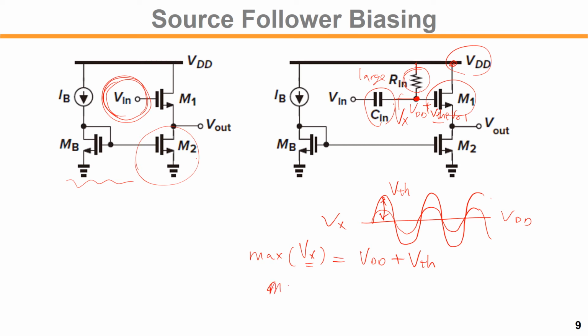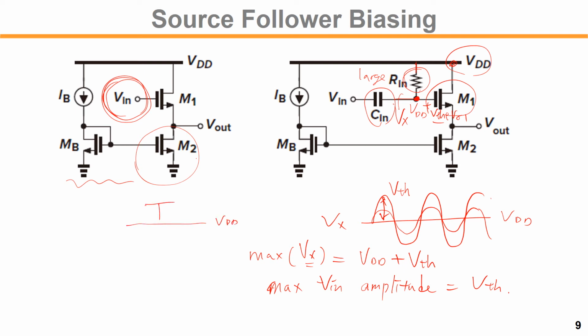Max Vin amplitude equals VTH. Okay. For the lowest peak limit, let's say, so here VDD.